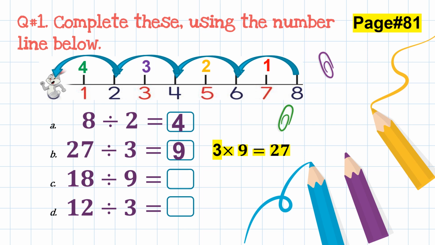Kids, do you remember how many times 9 is 18? Yes, 2 nines are 18. Thus the answer is 2. And in part D, we will divide 12 by 3, as 4 threes are 12. So our answer is 4.